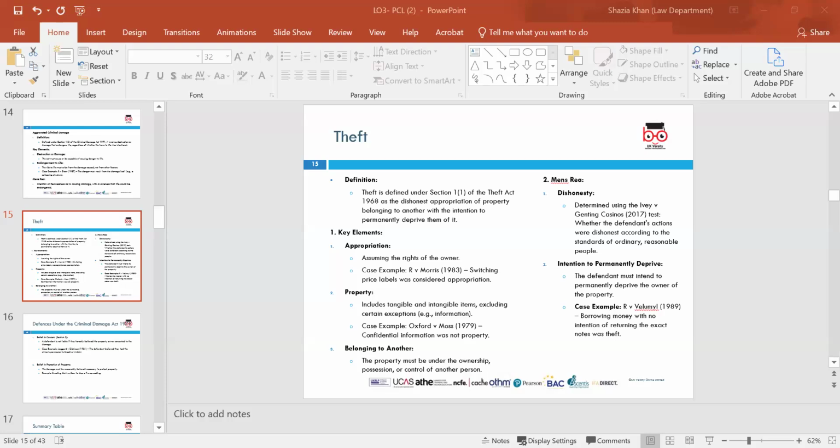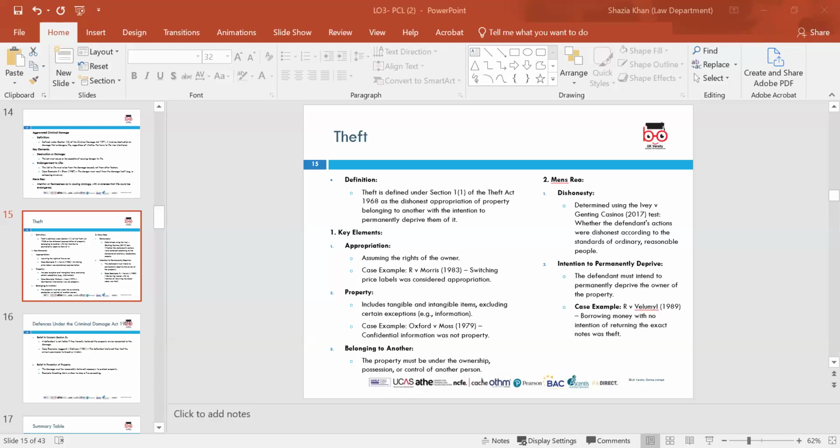And then dishonesty, which is the mens rea, is determined in two ways and identified by the courts. According to the ordinary standards of reasonable and honest people, was the act carried out dishonestly? If it was dishonest by those standards, did the defendant realise that the reasonable and honest person would regard the conduct as dishonest?